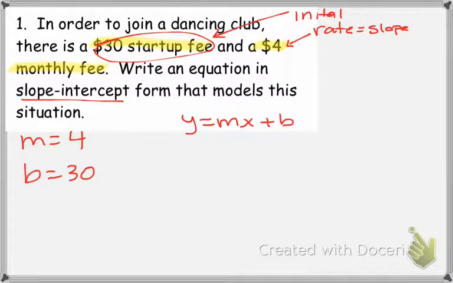And so if we write it out, our m is going to be replaced with the 4, and our b is going to be replaced with a 30. Okay, so we got y equals 4x plus 30.